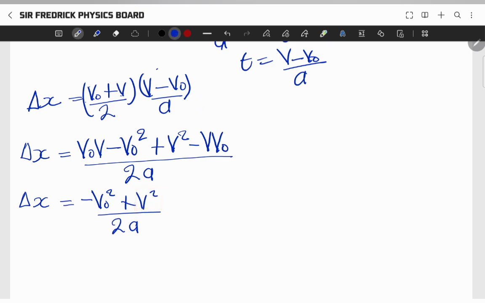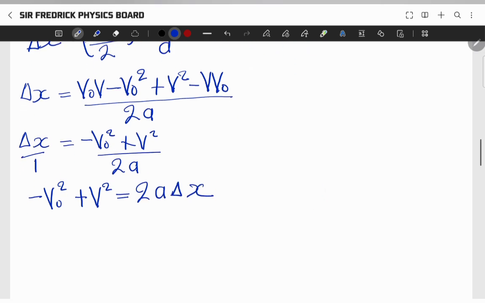So remember, we are going to do cross multiplication here. 2a times x, we are going to have 2ax. And v squared times 1, we are going to have the entire this. Okay, so let's now write. So negative v naught squared plus v squared is equal to 2a change in x.